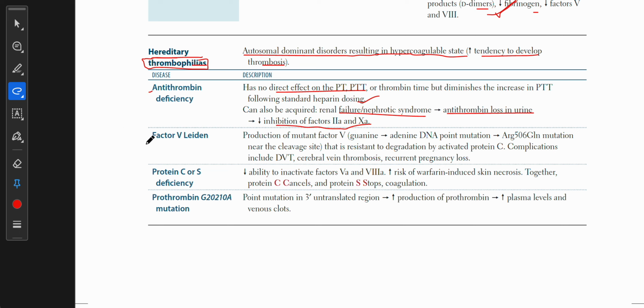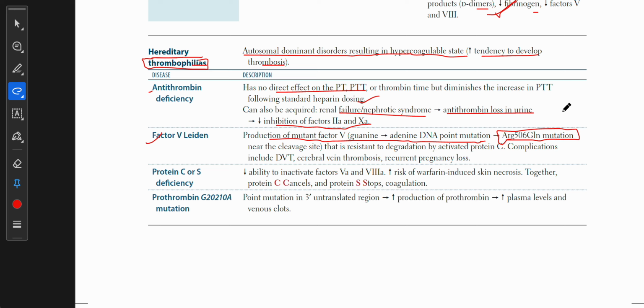Factor 5 Leiden is another disease in which there is production of mutant factor 5, where guanine is replaced by adenine by a DNA point mutation, leading to the Arg506Gln mutation near the cleavage site. What is the mutation name in factor 5 Leiden? That is arginine 506 glutamine.